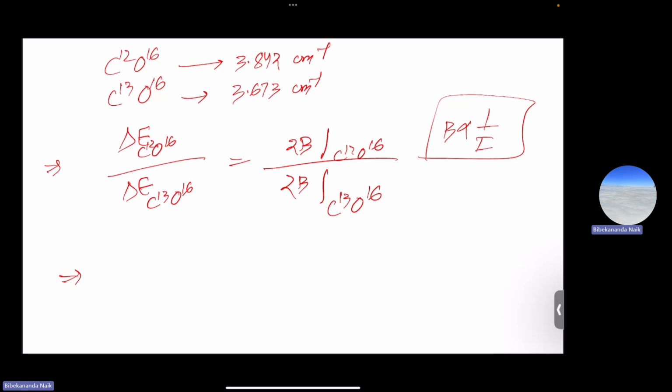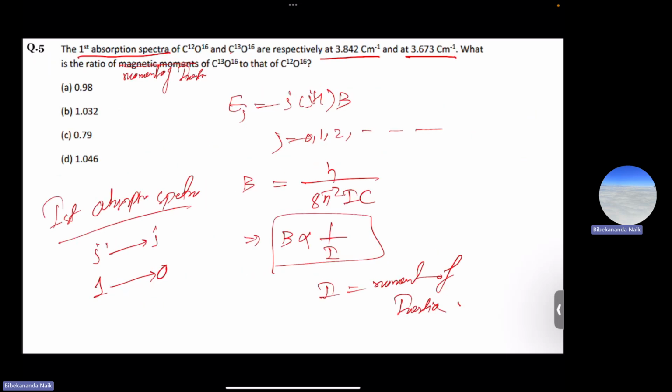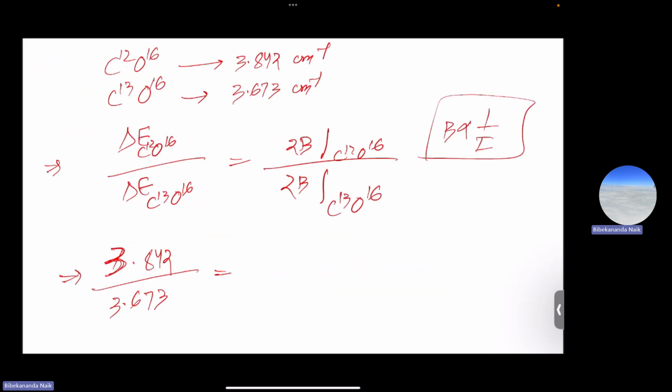So 3.842 divided by 3.673 is equal to moment of inertia of C13O16 divided by moment of inertia of C12O16.